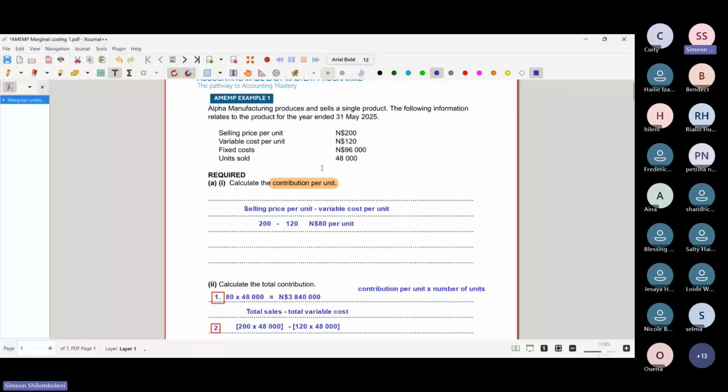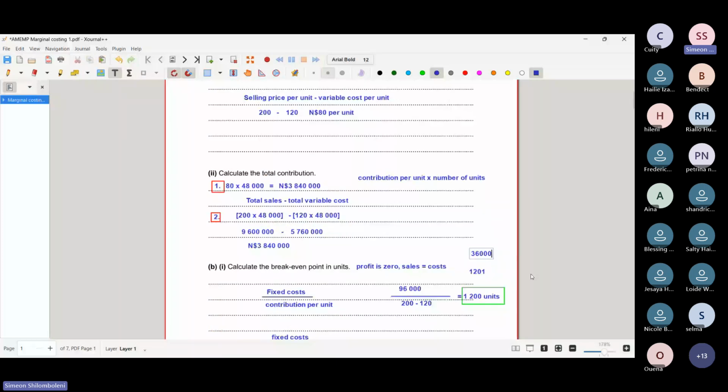That means it's only after they sell 36,000 products that they will start making a profit. So it's always advisable that the break-even point is as small a number as possible. Okay, this is in units.